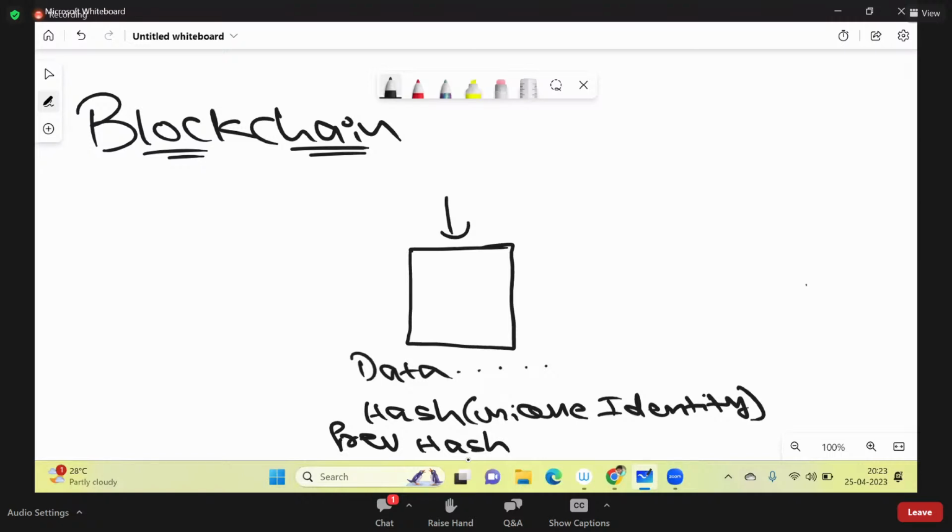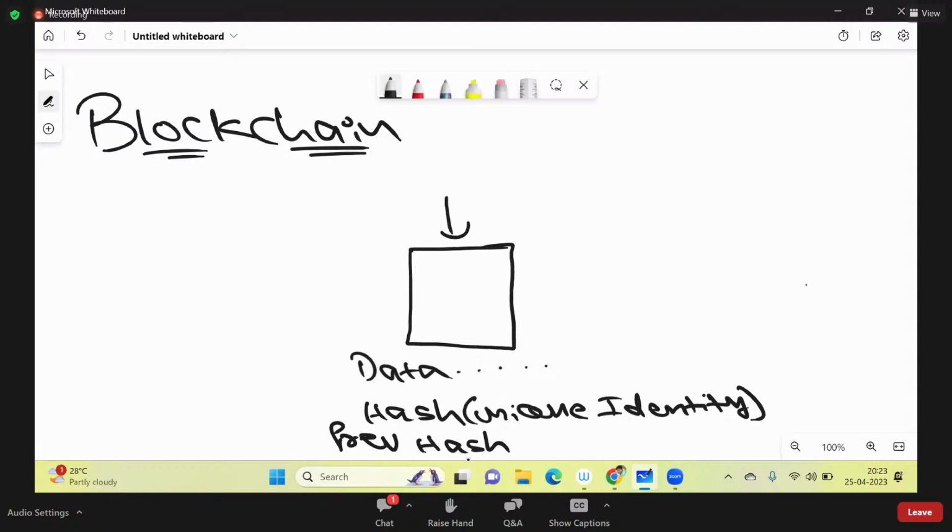The fourth block's hash will become the fifth block's previous hash, and the fifth block will again have its own hash. In this way, every block in the network is interlinked in the form of a chain mechanism. This is what we call the blockchain. This is how every block is interlinked, and they are all designed appropriately.